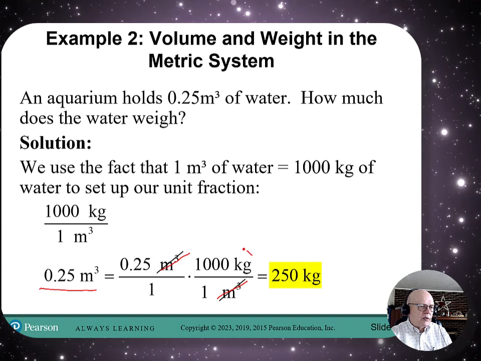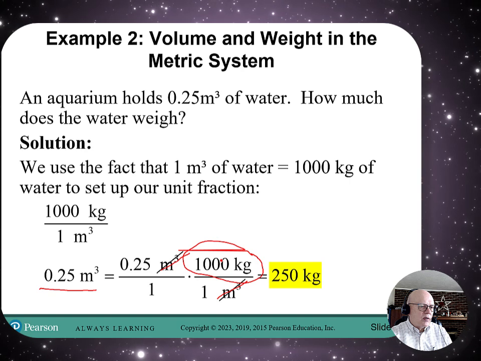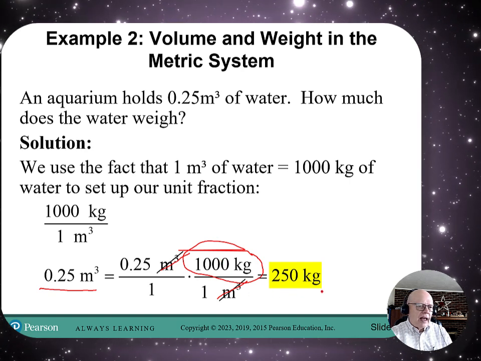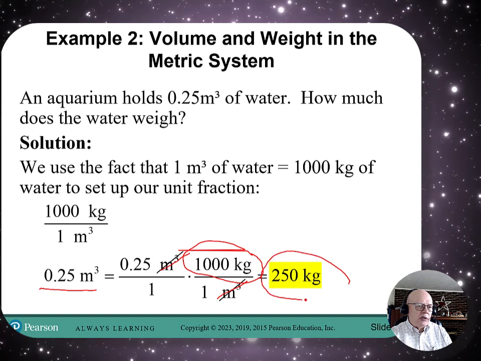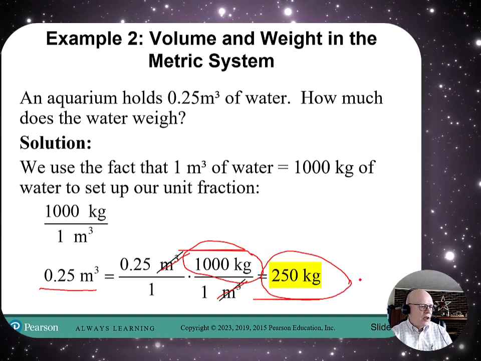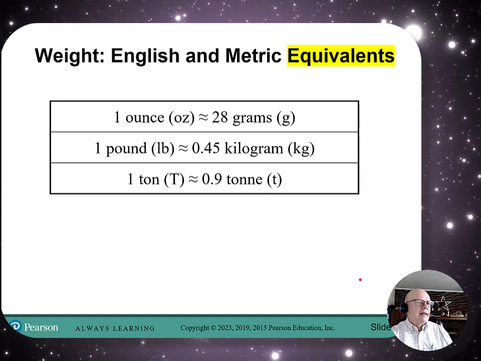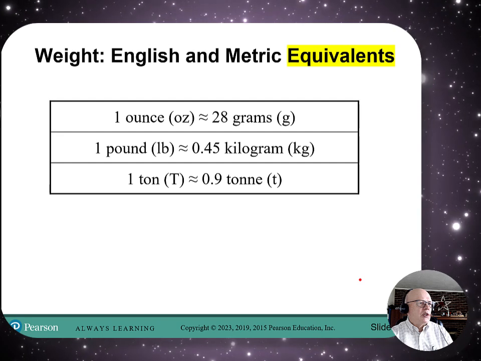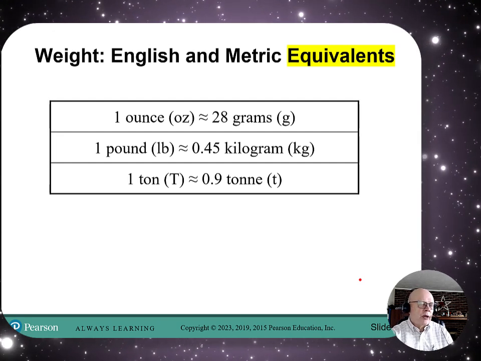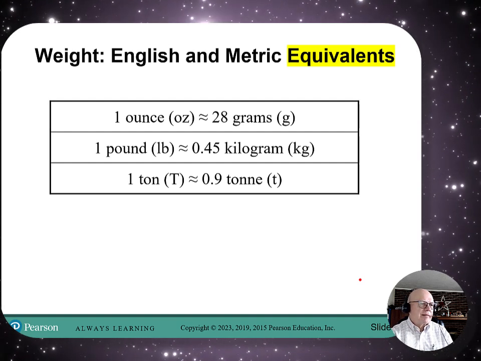What's it equivalent to? We want to get kilograms, so we put its equivalent up here, do the multiplication or division, and there's our answer. 250 kilograms is the same as 0.25 cubic meters. Remember, the unit fraction will get you a long ways. Now, if you want to convert English to metric or metric to English, here are some equivalents.